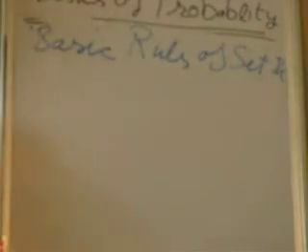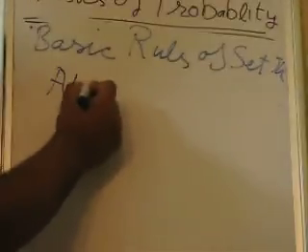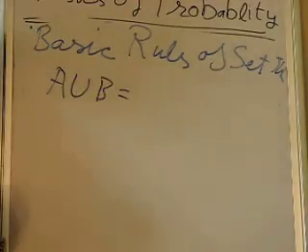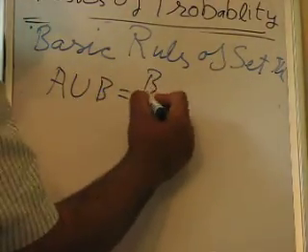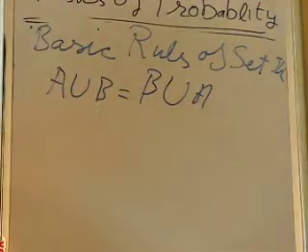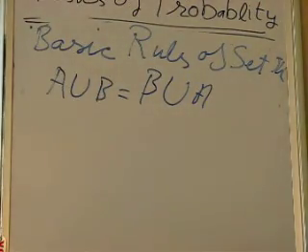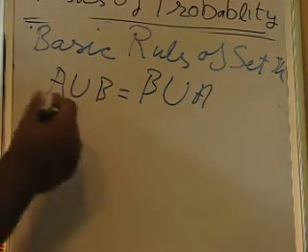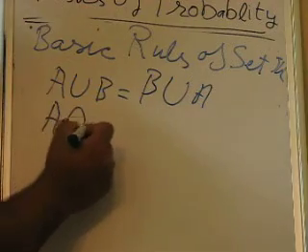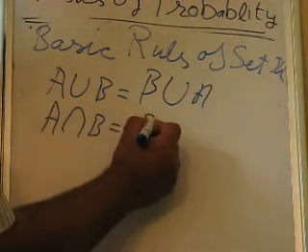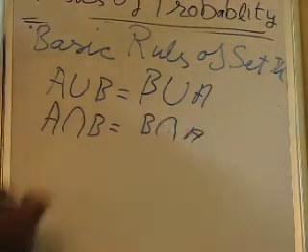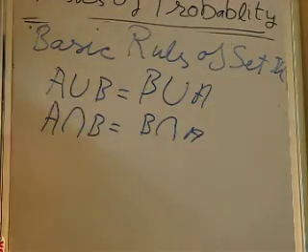It is defined as: A union B is equal to B union A. If you reverse the sets, the equation remains the same. Similarly, A intersection B is equal to B intersection A. This is the commutative law.